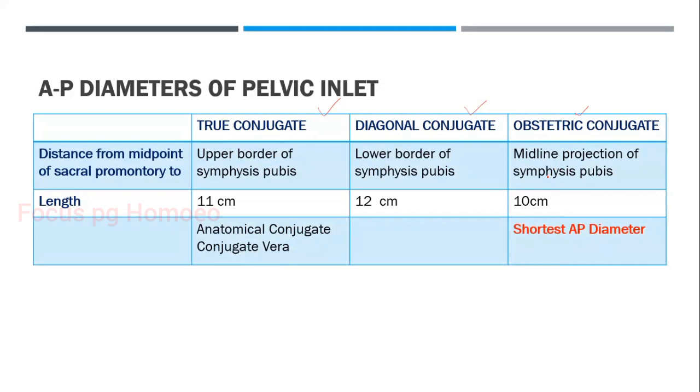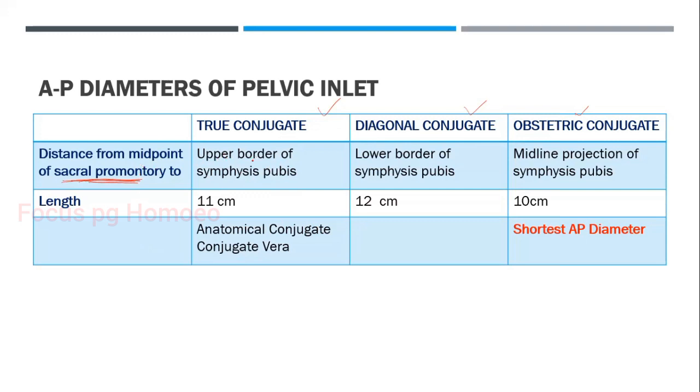Usually the antero-posterior diameter is seen from the midpoint of the sacral promontory. This is the starting point from where the measuring is taken. It is measured, and where it goes gives the type of diameter. So the beginning point is always the same: the midpoint of the sacral promontory.